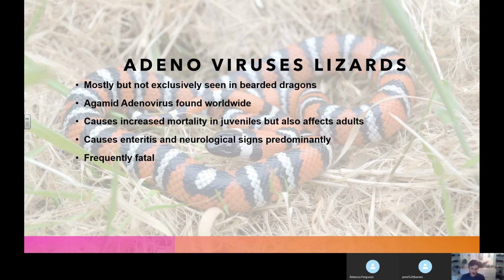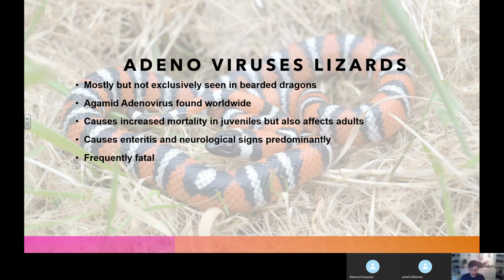And adenoviruses in general, in the animal kingdom, are very common. We see them in birds as well. We can see them in other species. They typically affect juveniles more so than adults, and that certainly seems to be the case with agamid adenovirus, although we do see disease in adult animals too. And with adenovirus, you tend to get an enteritis, so you tend to get inflammation of the gut.